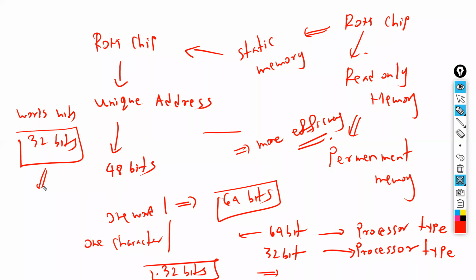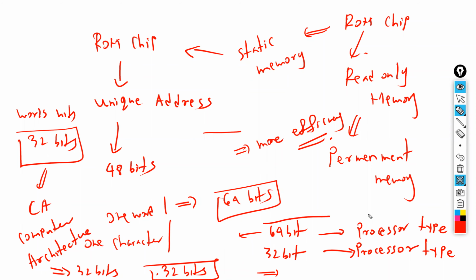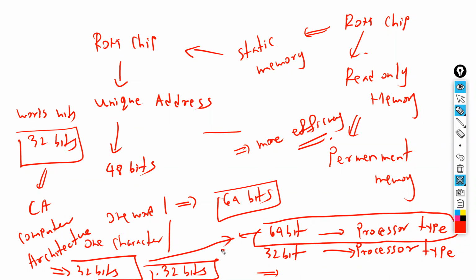the architecture of the computer, we say CA, computer architecture, is designed to read only 32-bit addresses, not 64-bit. If you have a 32-bit computer and want to install a 32-bit application, that is possible.